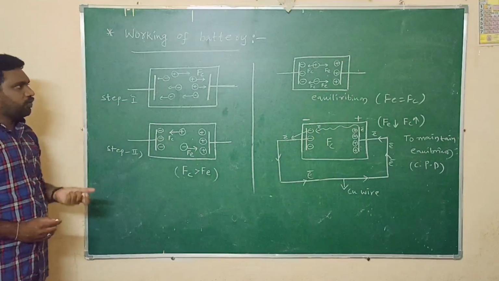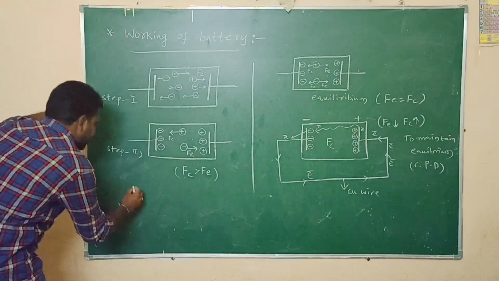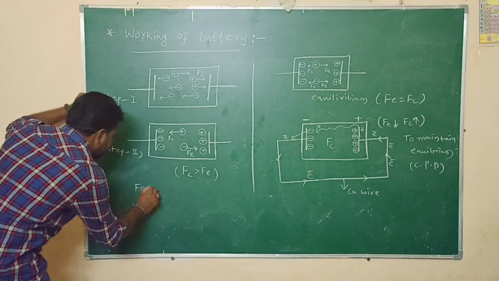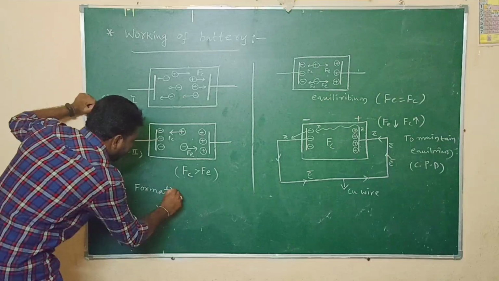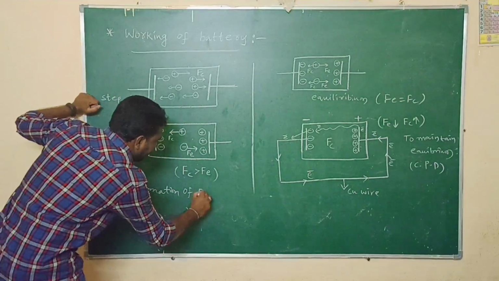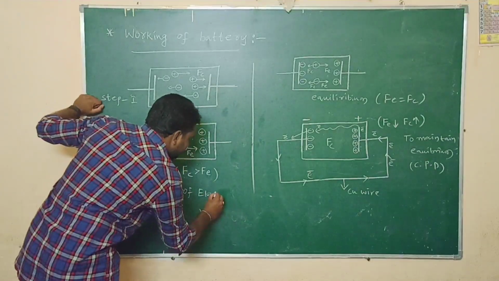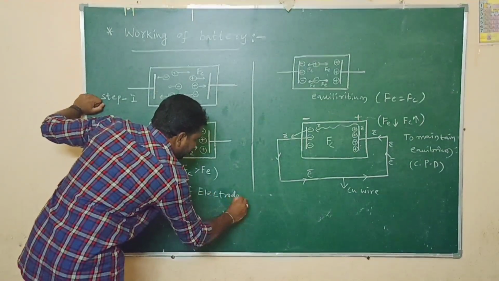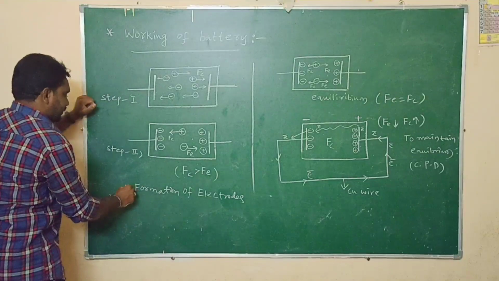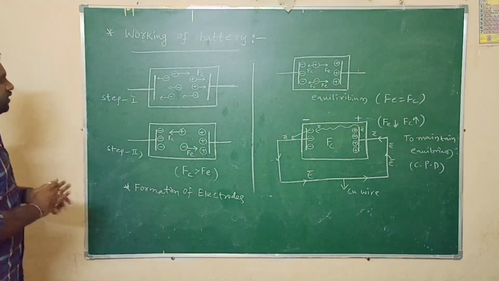Step 2 represents the formation of electrodes. This second diagram shows how the electrodes are forming.